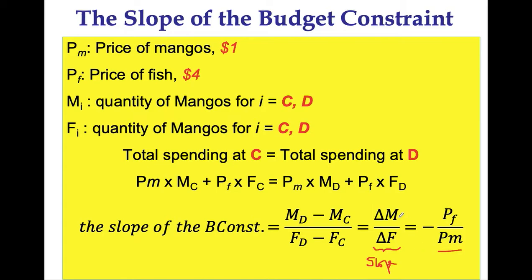Please note that delta M over delta F is equal to price F over price M. Here, to distinguish which variable should be the numerator and which the denominator: if we work on quantities, it is the change in mangoes over the change in fish, and if we use the prices, it is minus the price of fish over the price of mangoes.